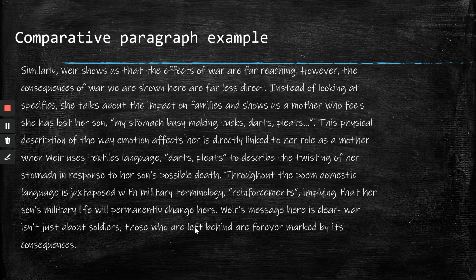This physical description of the way emotion affects her is directly linked to her role as a mother when Weir uses textiles language, darts, pleats, to describe the twisting of her stomach in response to her son's possible death. Throughout the poem, domestic language is juxtaposed with military terminology, reinforcements, implying that her son's military life will permanently change hers. Weir's message here is clear. War isn't just about soldiers. Those who are left behind are forever marked by its consequences.